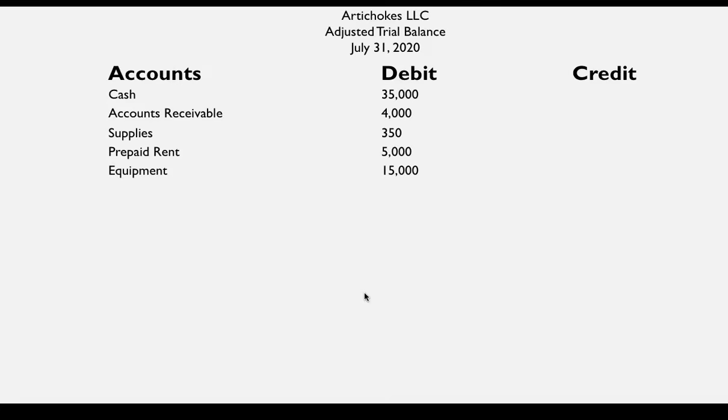When it's depreciating, we do not affect the equipment account directly. It gets affected indirectly by the next account we want to list, accumulated depreciation, equipment. Right? So that account gets listed right underneath the equipment account here on your adjusted trial balance, and it has a credit balance of 125.